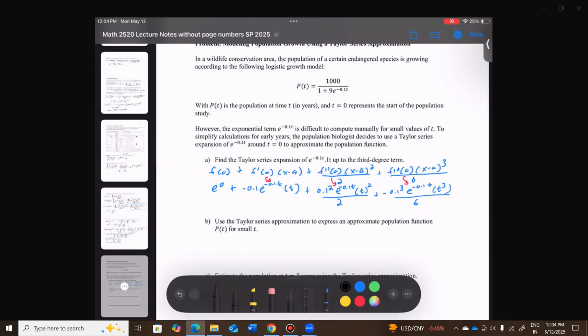So this is going to be 1 plus a negative 0.1, e to the 0 is just 1, times t, plus 0.1 squared t squared over 2, plus a negative 0.1 cubed t cubed over 6.